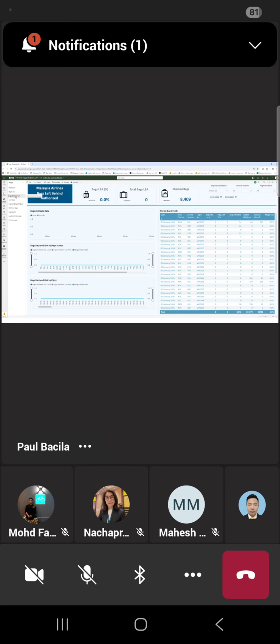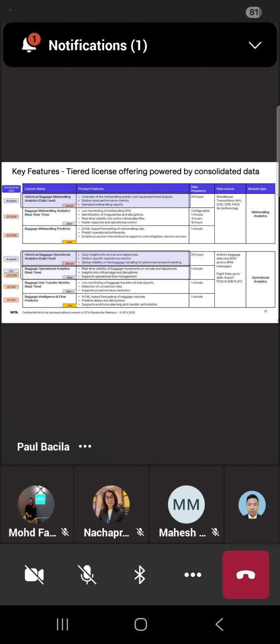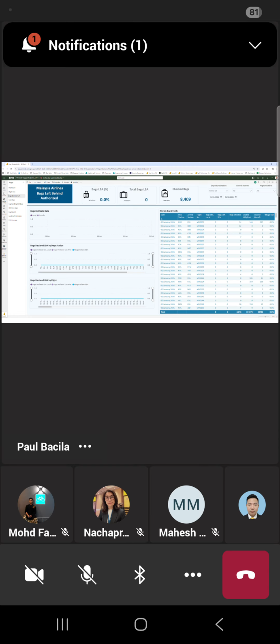Then you have bags left behind authorized. As I mentioned, it looks very good on your side. I don't know if it's reality or some missing setting, right? So bags left behind authorized, as I mentioned, are bags that were authorized to be loaded but not loaded from a loading perspective, or basically not tracked.